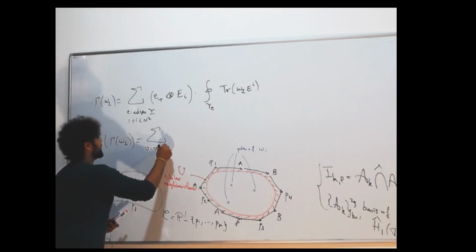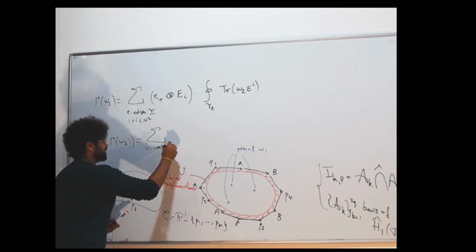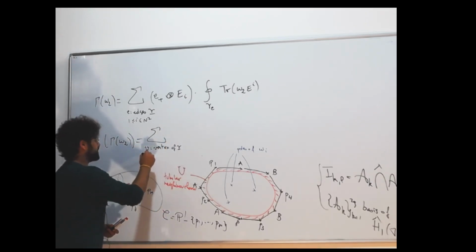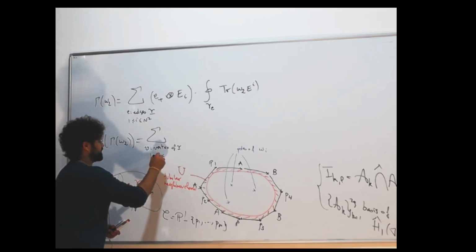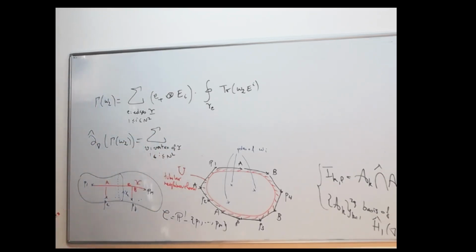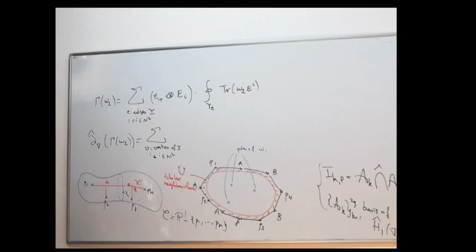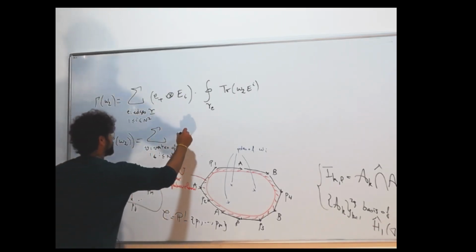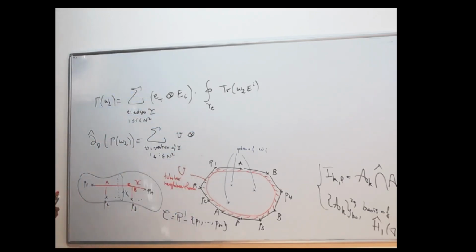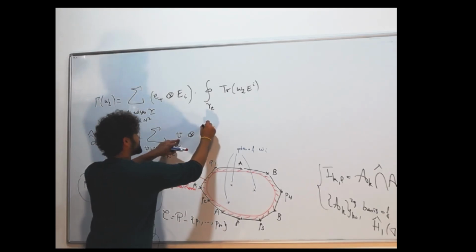So vertex of epsilon, you still have this sum over the index I. And now this takes the form of the vertices weighted by the sum.